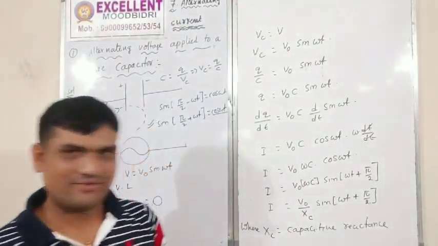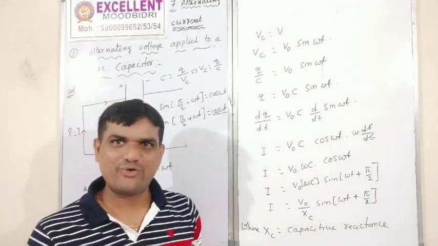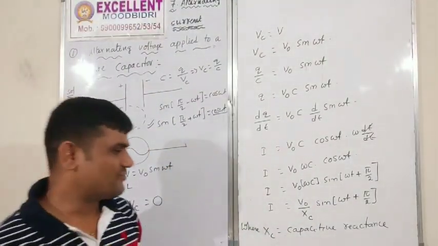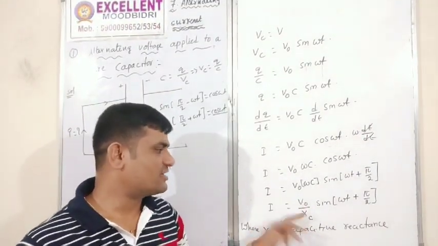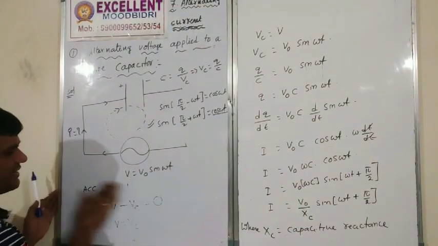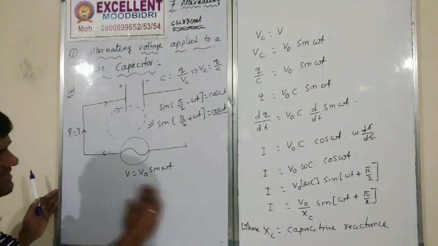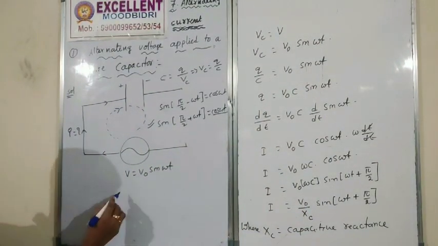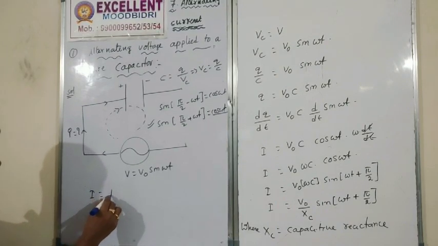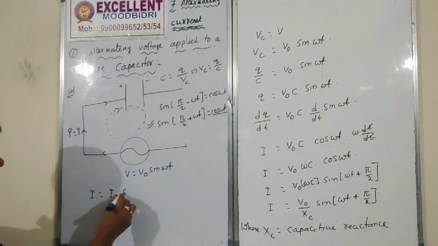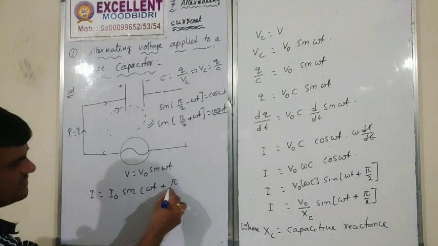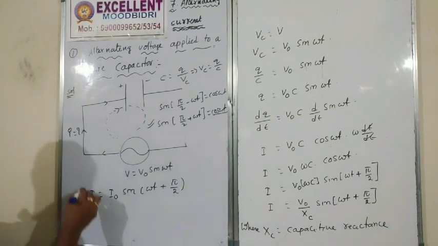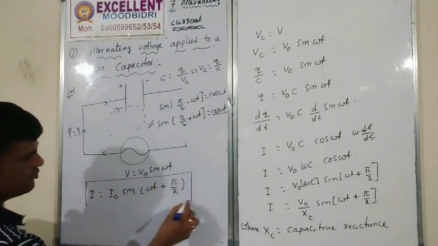Let us have a definition: this one also opposes the flow of AC. So I is equal to V naught by XC. We can write it as I naught into sine omega t plus pi by 2. This is the current formula.